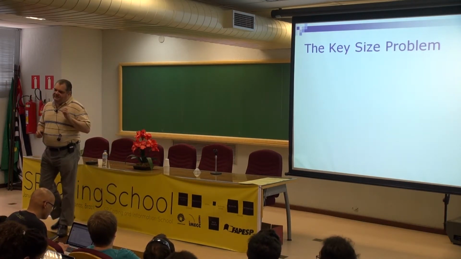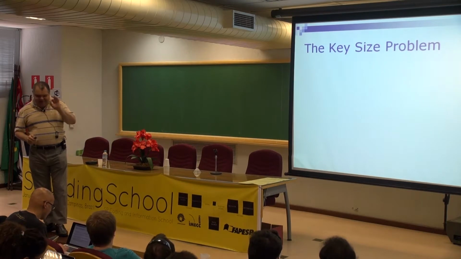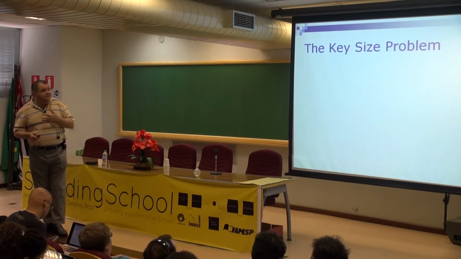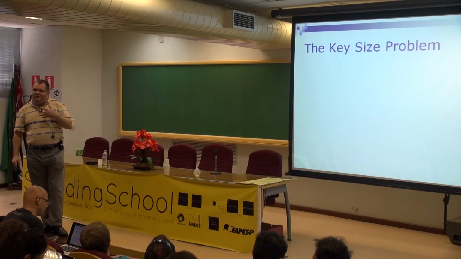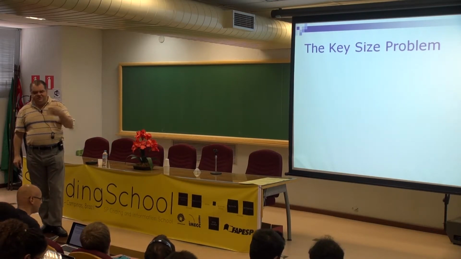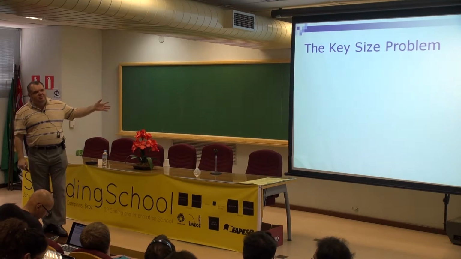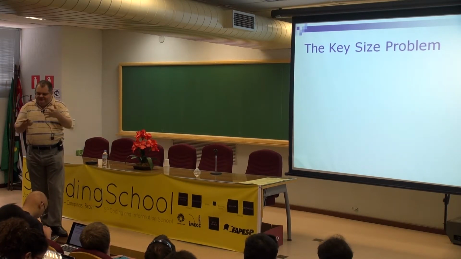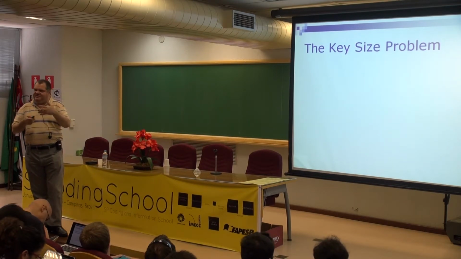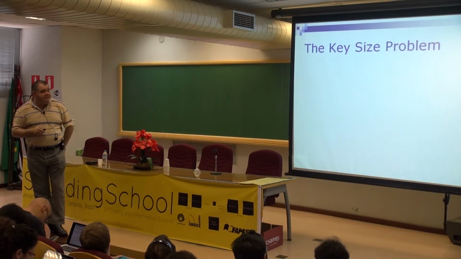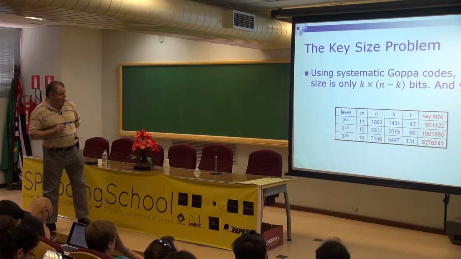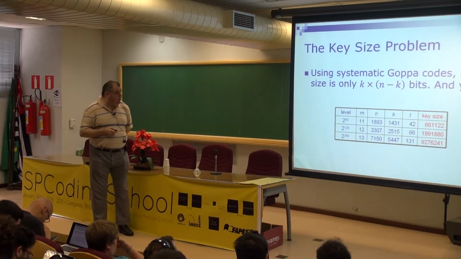So having had this quick look at how to handle Goppa codes, let's have a look at what the results are. Let's use a Goppa code. Let's pick parameters according to the work factors we are estimating to attack the system. We have a different problem here, which is the key size problem.